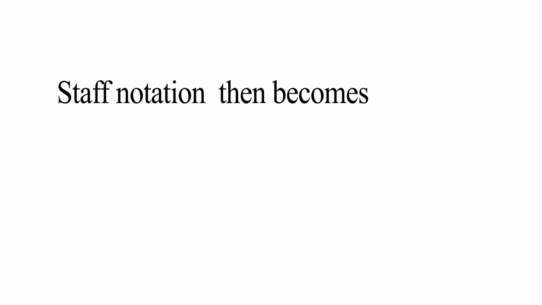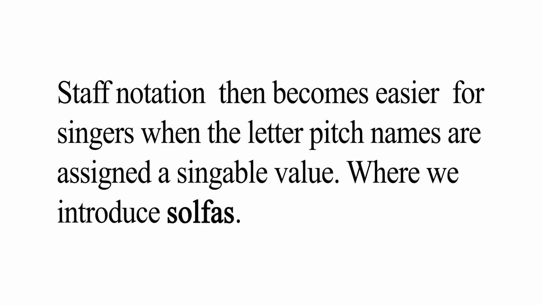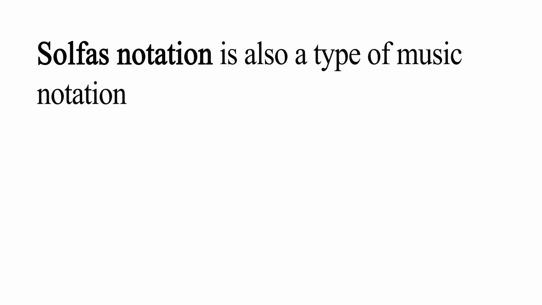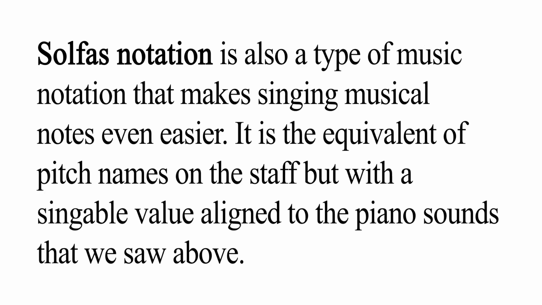Staff notation then becomes easier for singers when the letter pitch names are assigned a singable value, where we introduce solfas. Solfa notation is also a type of music notation that makes singing musical notes even easier. It is the equivalent of pitch names on the staff, but with a singable value aligned to the piano sounds that we had talked about previously. These solfas are do, re, mi, fa, sol, la, ti, do.